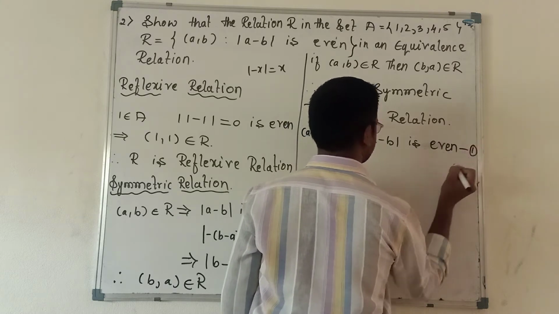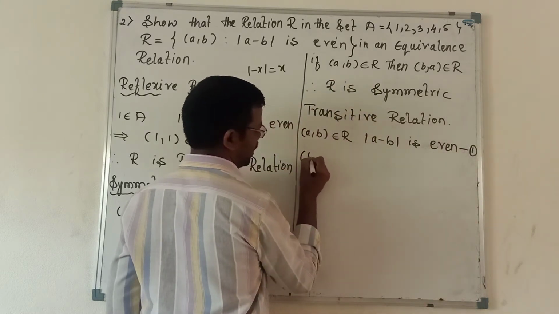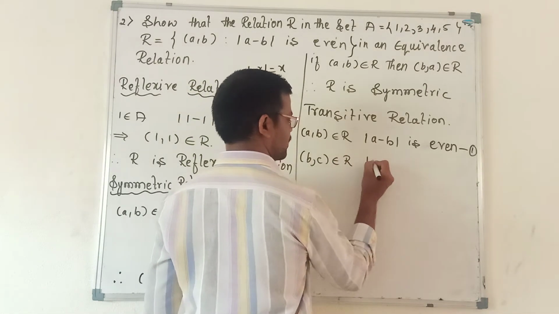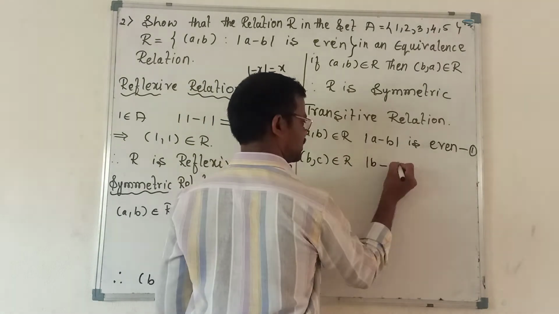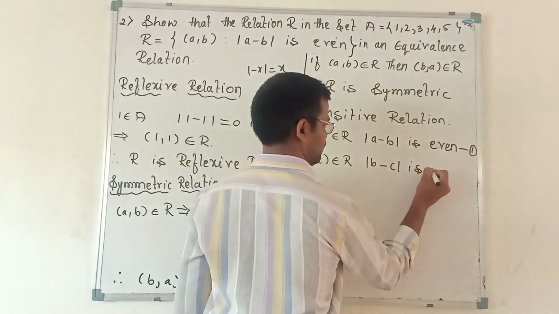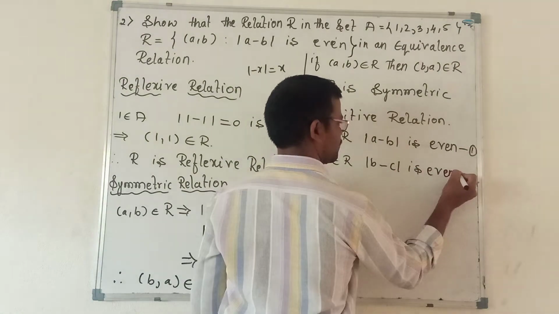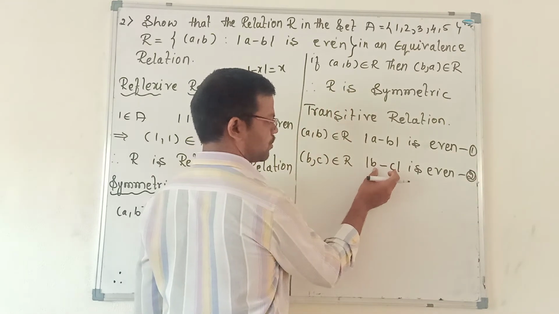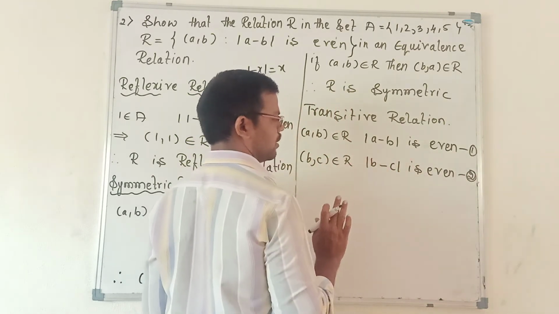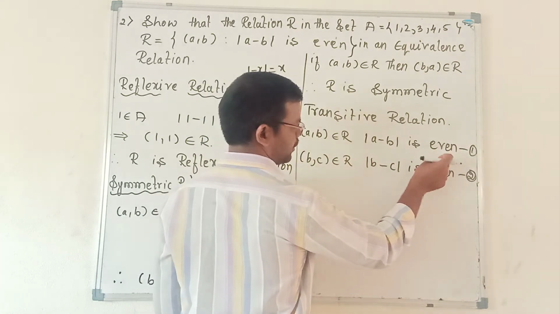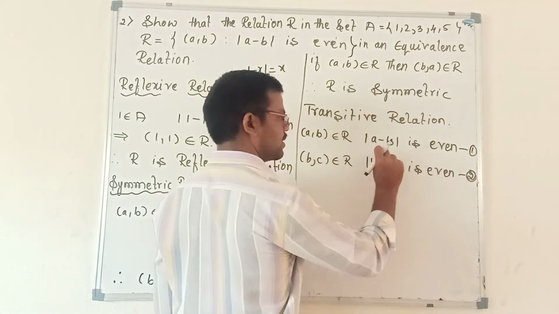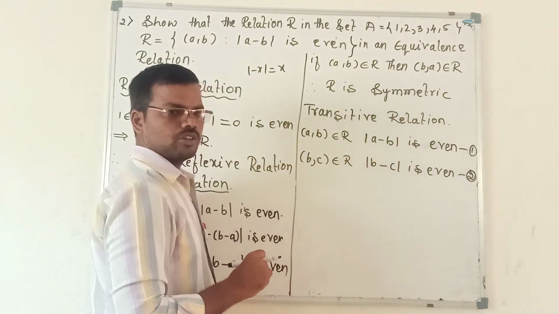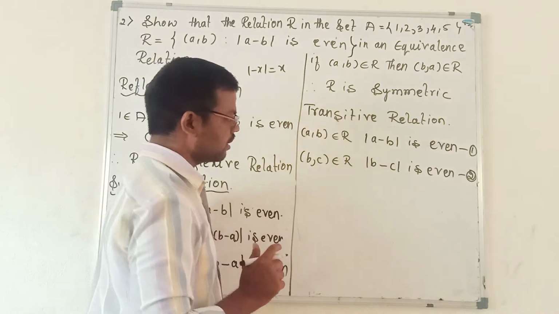Name it as 1. And similarly, we have (b, c) also belongs to R. It means b minus c is even. If (b, c) belongs to R, it means the difference of those two numbers is even. Then from 1 and 2, we come to know that the sum of two even numbers is again an even number.